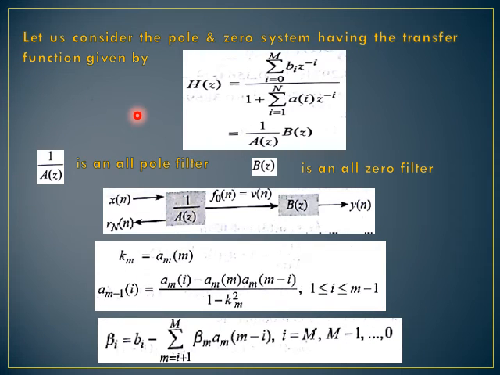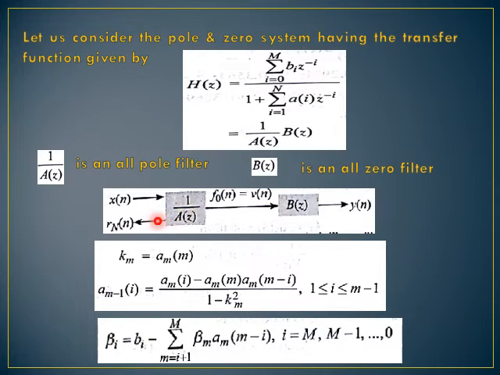Now let us consider the pole and zero system having a transfer function H(z) equal to zeros by poles, which we have seen in direct form 1, 2, cascade and parallel. Here the numerator is represented by B(z) and the denominator is represented by A(z), where 1 by A(z) is the pole filter and B(z) is the zero filter.